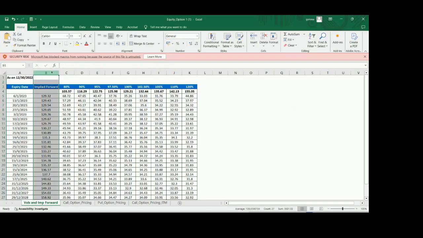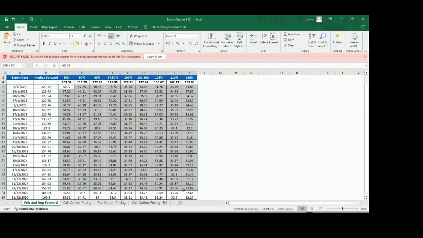One is the implied forward. Implied means something which is going to be in the future. And this is nothing but the volatility, the implied vols across different levels of strikes, or another way to understand that, different levels of moneyness.